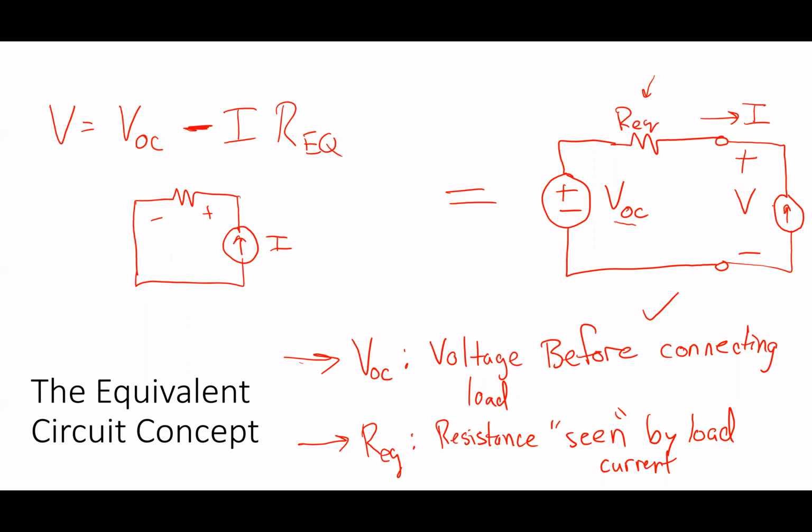The way to think about this in general is that VOC is the effect of the internal sources, and R equivalent is the effect of whatever the load current is. So if I'm trying to find just the effect of the load current, I then, by superposition, need to turn off all the internal sources. To get the equation that I wrote right here, I use superposition. So I turn off VOC to find the effect of I, and I turn off I to find the effect of VOC. That's the basic principle to tie these together.